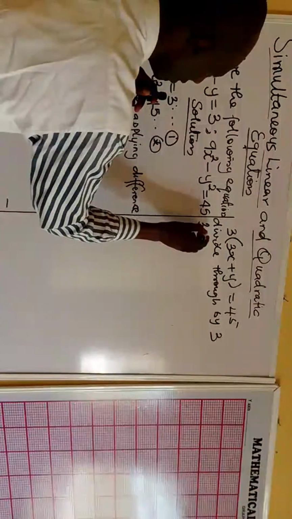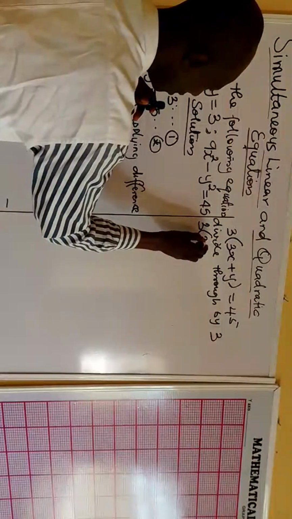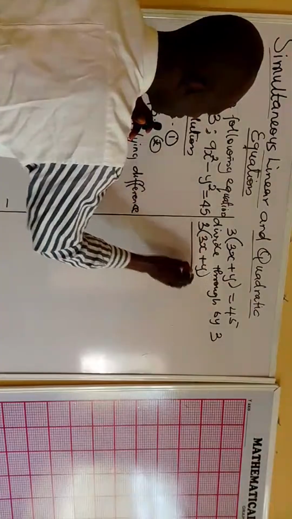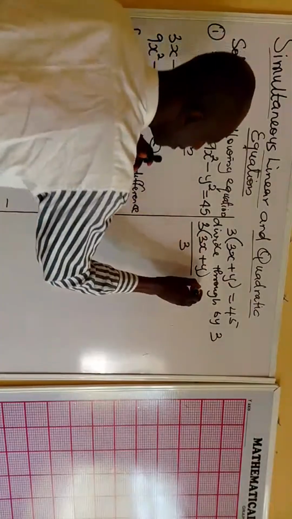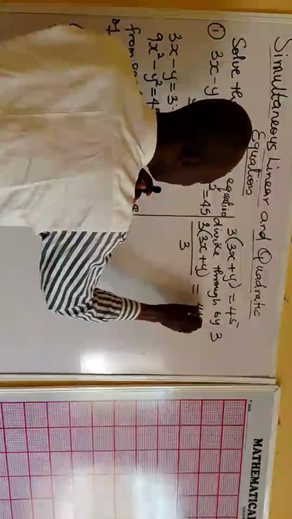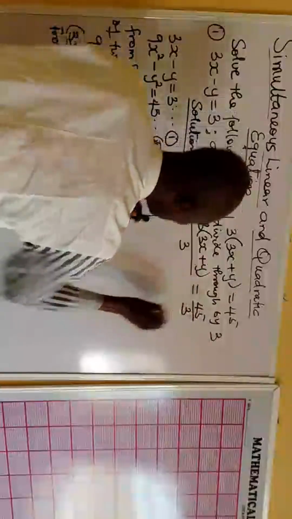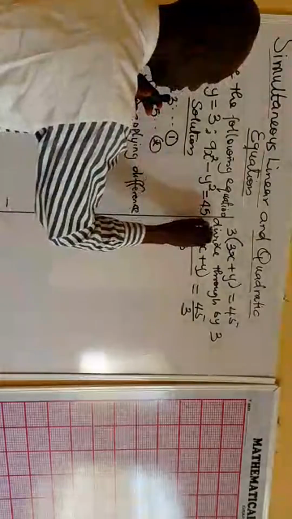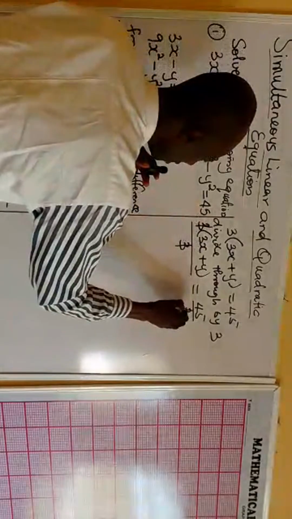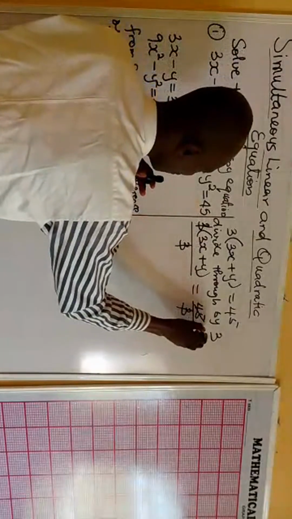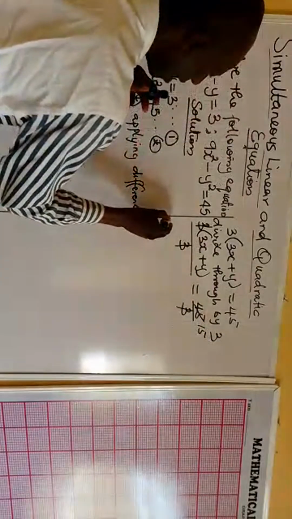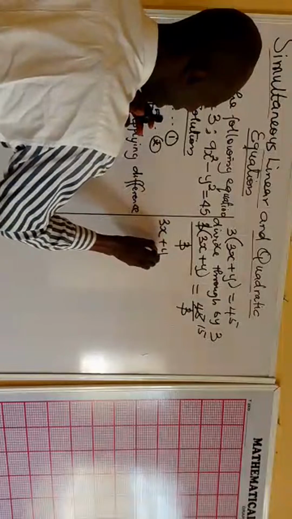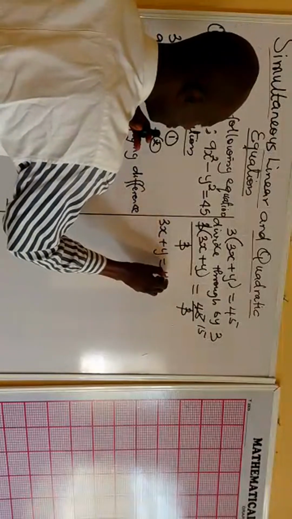So 3 times (3x plus y) over 3 is equal to 45 over 3. We cancel this 3, and 45 over 3 gives us 15. So we now have 3x plus y is equal to 15.